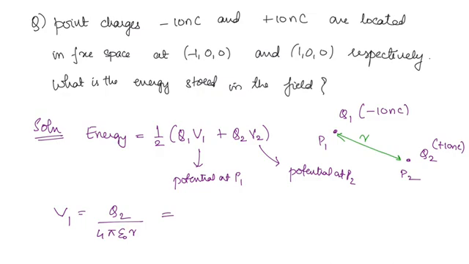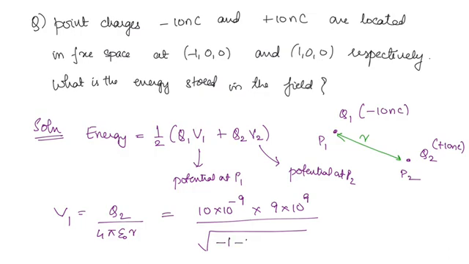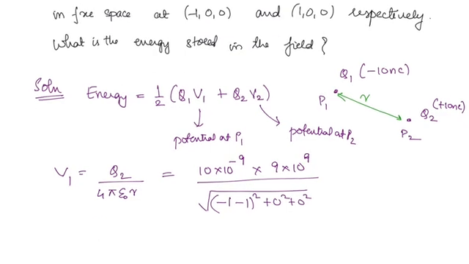Okay, then you have 10 into 10 to the power minus 9, 10 nanocoulomb, right, and 1 by 4 pi epsilon naught, it is 9 into 10 to the power 9 divided by, what is R here? It is the distance between these 2 points, minus 1, 0, 0, 1, 0, 0. Okay, so it will simply be minus 1 whole square plus 0 plus 0. Okay, so this, if you solve, you will get one answer.